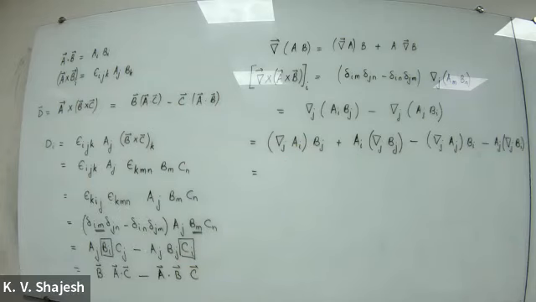Tensor? Vector potential? No. So the question is, if you have a vector, its components are usually numbers, right? When are they not numbers?